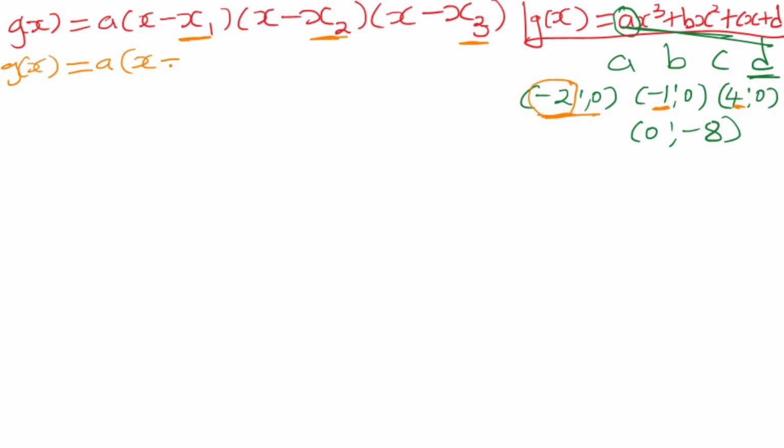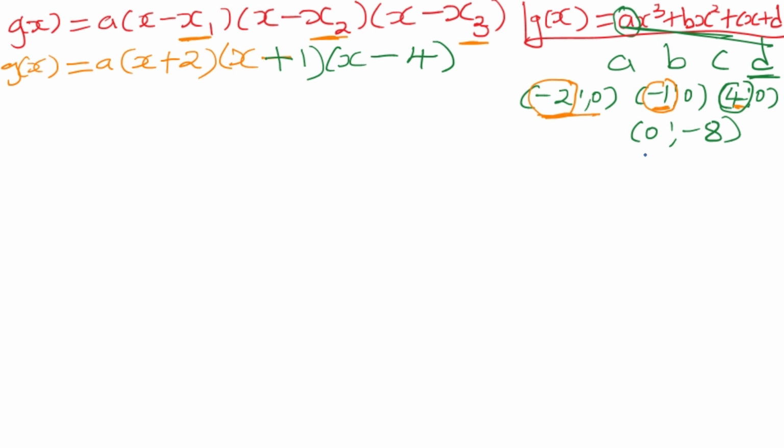If you substitute negative 2 here, this negative and the negative there will multiply to give us positive, so we will have positive 2. Then we have x minus negative 1; if we substitute it, it's going to give us positive 1 right here. And then this one, 4, when we substitute it, we will have negative 4 there, and this is exactly what we are having.